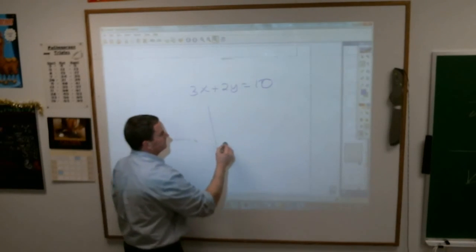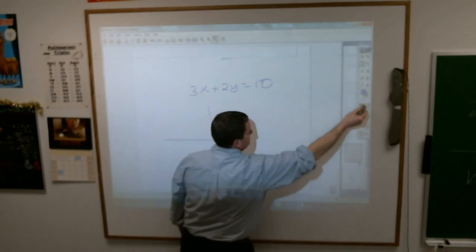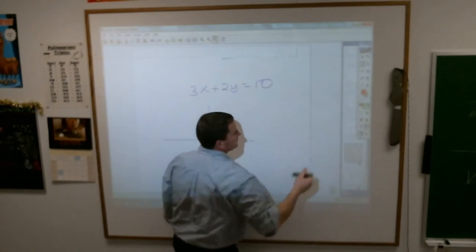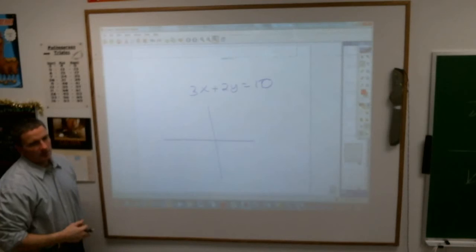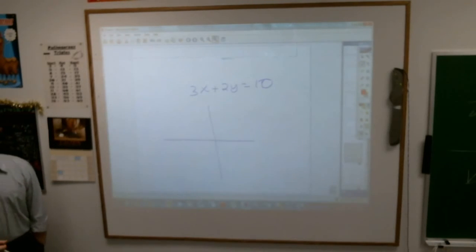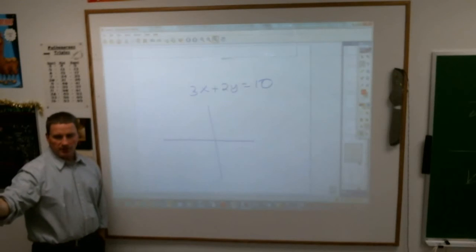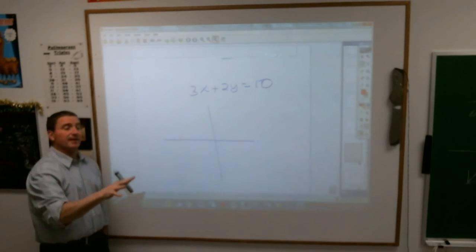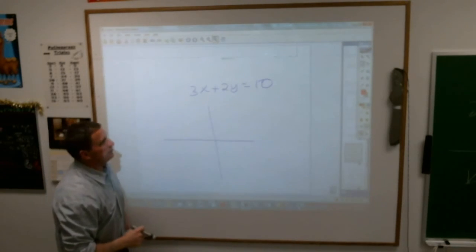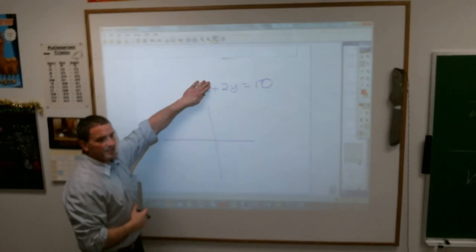Work with me here, kids. Holly, you cover up the x, the y. Now please follow along with me. Holly's right, we find it using x and y intercepts, which means you do this. If you cover up the x, you find out where it crosses the y-axis, which is where?